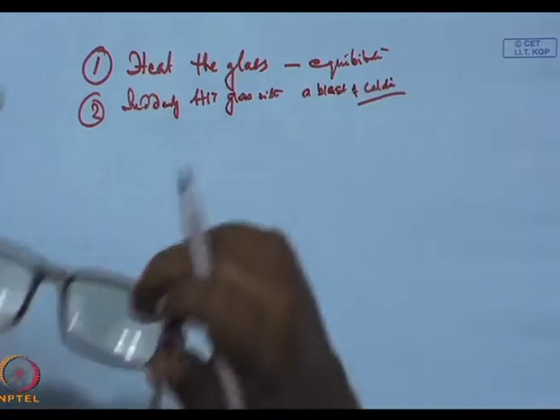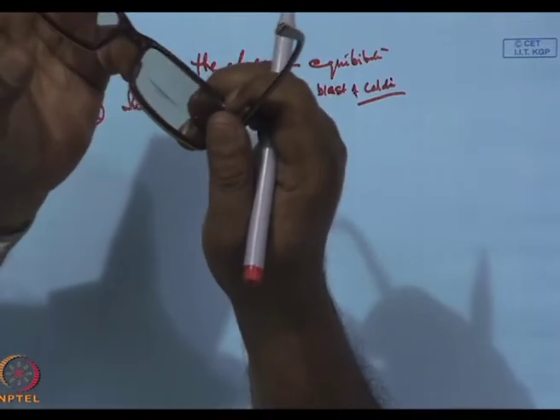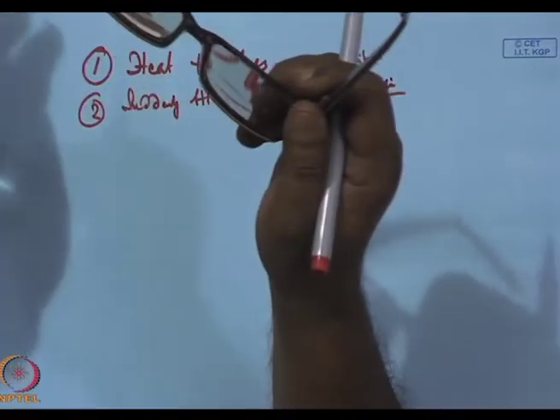You see, when this glass is heated, it expanded. Now, all that they did was, after heating it to about 350 degrees centigrade, they take this glass out and blast it with cold air.